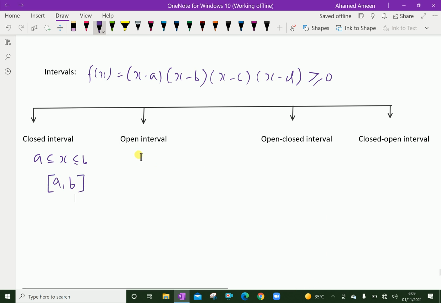Here, for open interval, a is lesser than x, lesser than b. Here, there is no equal sign.